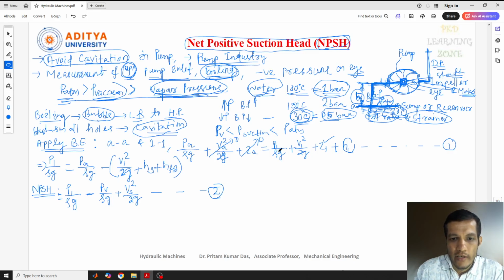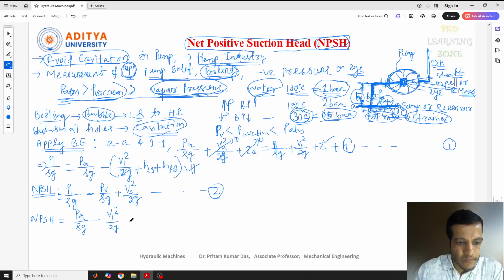Now, what I got previously, this value P1 by rho g, I can put in this NPSH equation. So again I can write NPSH equal to, putting the same value here, PA by rho g minus, here I'll open the minus, so I get V1 square by 2g.